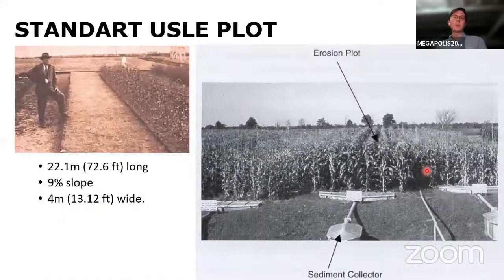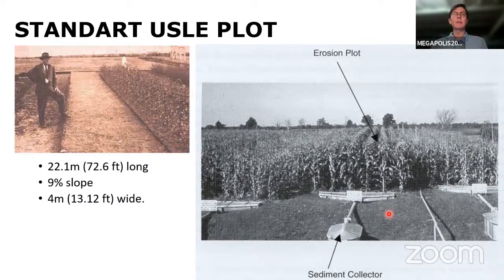It was developed in the 50s by Wischmeier and Smith, and it was based on a so-called standard USLE plot with known length, steepness, and width, with a small sediment collector.